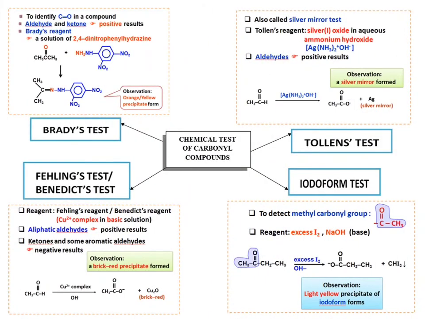Alright class, next we look at how to write the equation for each test. Okay, we start with Brady's test. Actually, we have already seen the equation for Brady's test in condensation with ammonia derivative. What is the reagent? The reagent that we use here is 2,4-dinitrophenyl hydrazine. We are going to remove H2O.